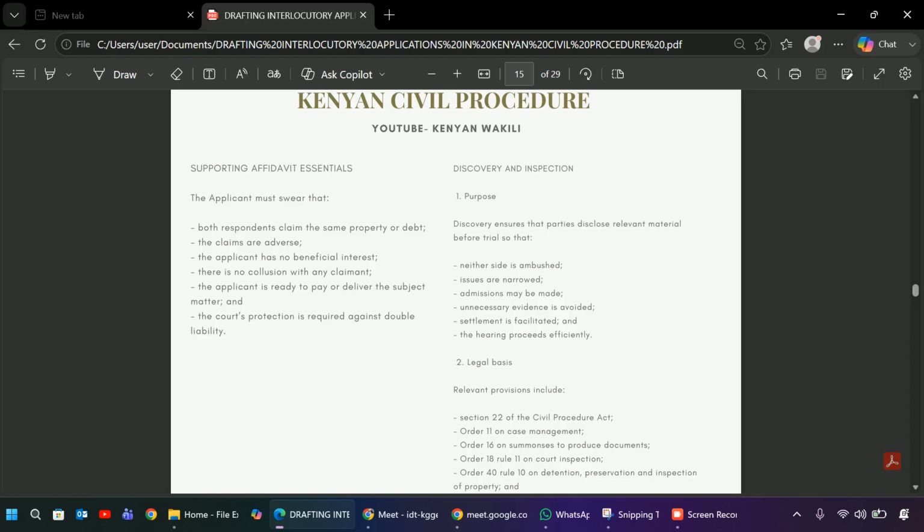You tell the examiner that this is important before trial. It is conducted at the pre-trial conference, and it is primarily focused on making sure that neither side is ambushed. So you are avoiding trial by ambush, making sure that the issues are narrowed, admissions may be made at this time, unnecessary evidence is avoided, settlement can be facilitated at this time, and the hearing proceeds efficiently.